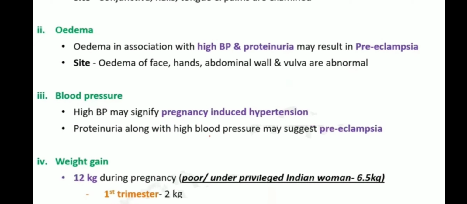But if the edema is found on the face, on her hands, abdominal wall, or if it is found in the vulva, it is abnormal.